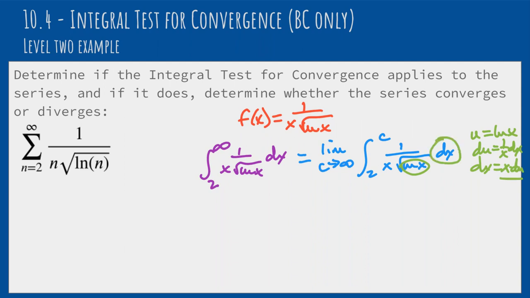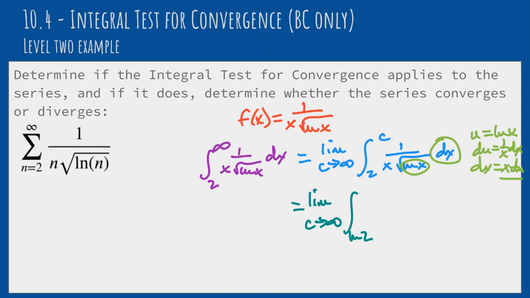Also, when we make the substitution, we need to remember to substitute our limits. So making all of those changes here, we're looking at the limit as c approaches infinity of the integral. We are changing to du, so the 2 for x is going to become the natural log of 2 for u.